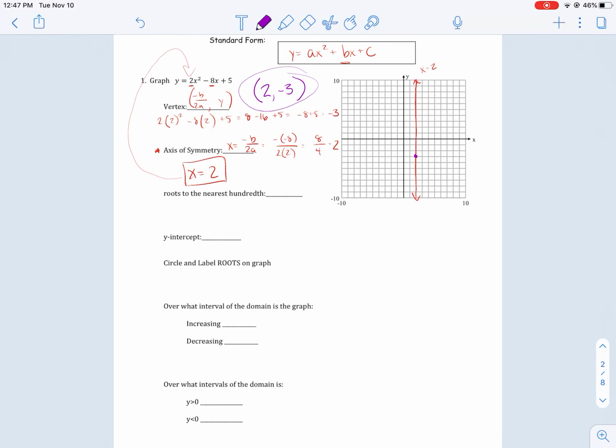Unfortunately, because I can't show you on the calculator here, we're going to have to use the quadratic formula. Again, what does the quadratic formula do? All it does is find your roots, your x-intercepts. So let's write that down. x is equal to negative b plus or minus the square root of b squared minus 4ac, all over 2a.